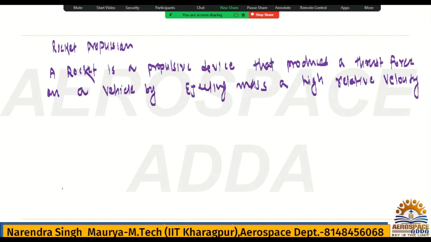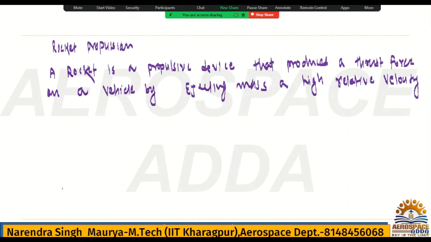The second difference between the air breathing engine and the rocket engine is that an air breathing engine cannot operate in space, in vacuum, but a rocket engine can operate in the atmosphere as well as in space, because it carries its own oxidizer. The performance of an air breathing engine, like turbojet or turbofan, depends on altitude and flight speed. But the performance of a rocket engine does not depend on altitude and flight speed.